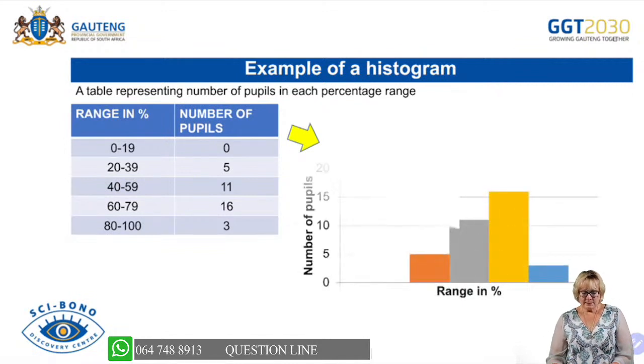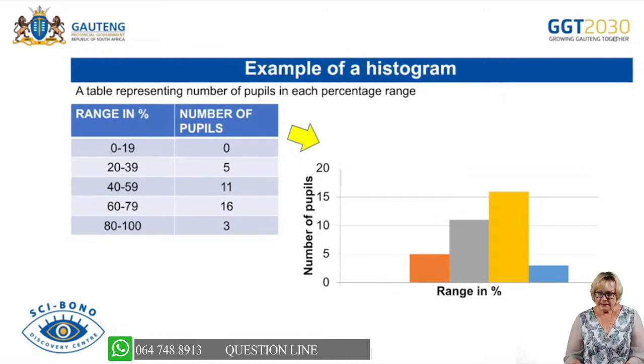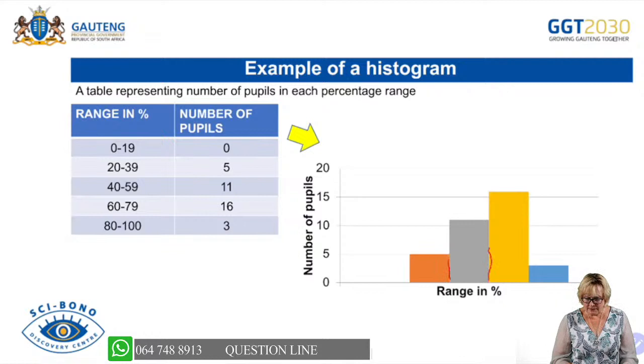How do we do this? Let's look at our answer. If you look here, you can clearly see the bars are the same width, all right, but there are no spaces in between them. They are touching one another. That is very important. This is the range in percentage, so this is the label. The scale here could have been 0 to 19, 20 to 39, and so forth. Number of pupils, we get this from here.